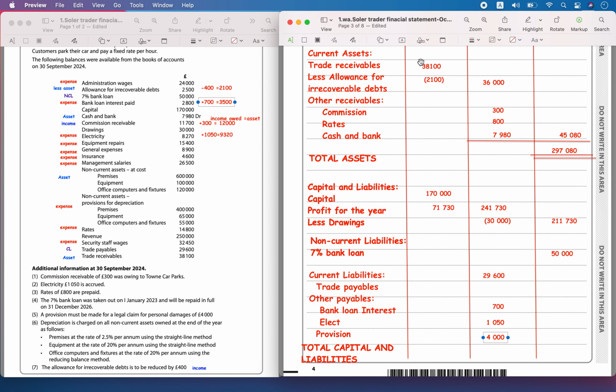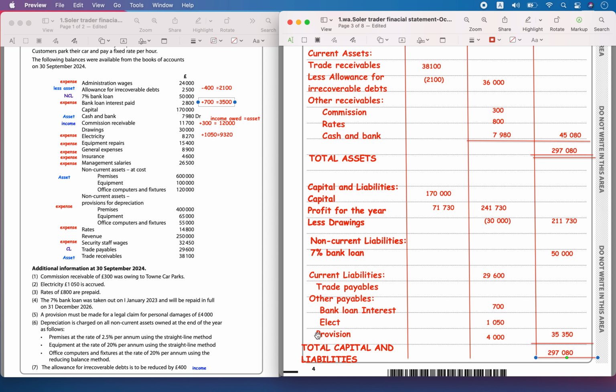When you add up all of this, it's going to be 35,350. Now let's add 211,730 plus 50,000 and 35,350. That value is going to be equal to 297,080. If you see, that's the same value as the total assets.